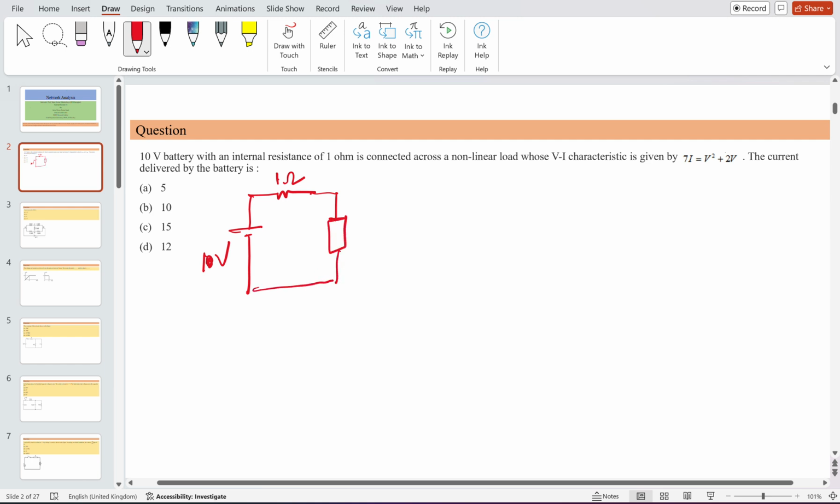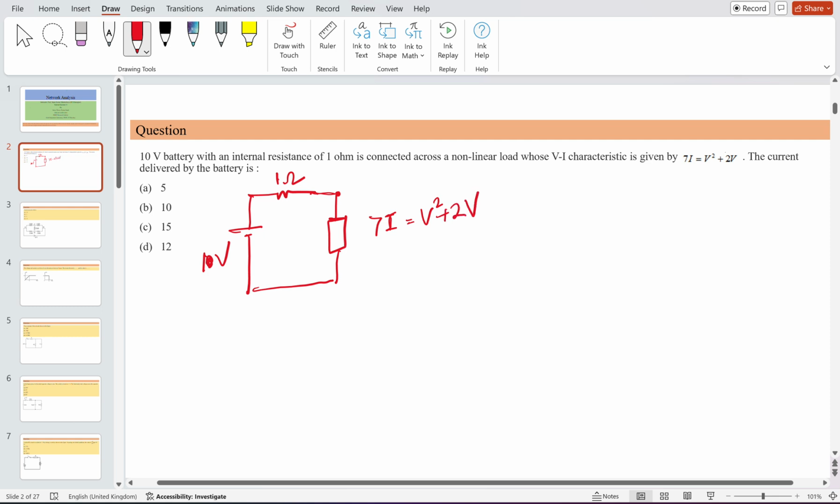Suppose this is the non-linear load which is connected across it, and its VI characteristic, the dependency of the current on the voltage, is already given. The relation is 7I is equal to V square plus 2V.